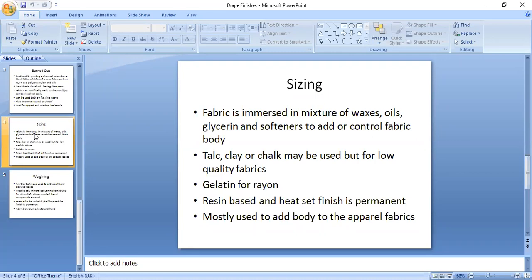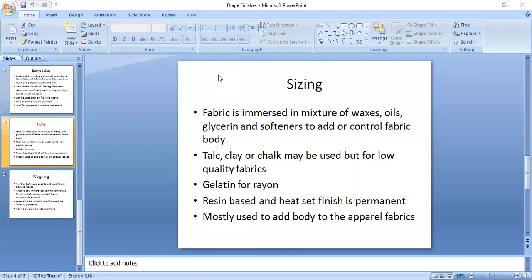In sizing or starching, the fabric is immersed in a mixture, and that mixture contains waxes, oil, glycerine, and softeners to add or control fabric body. For added weight, talc, clay, or chalk may also be used, but they are often used with lower quality fabrics.